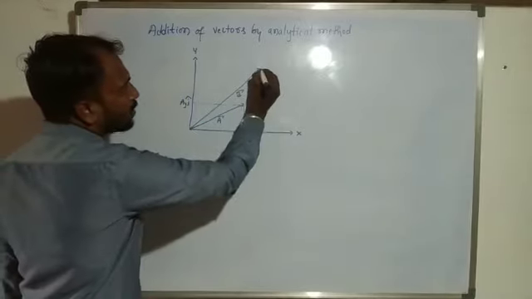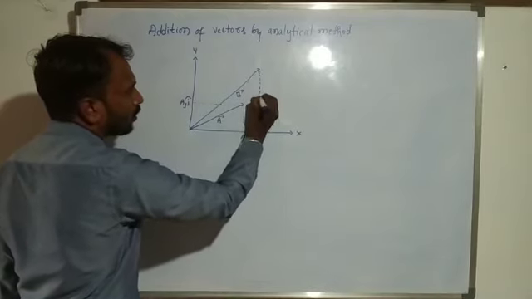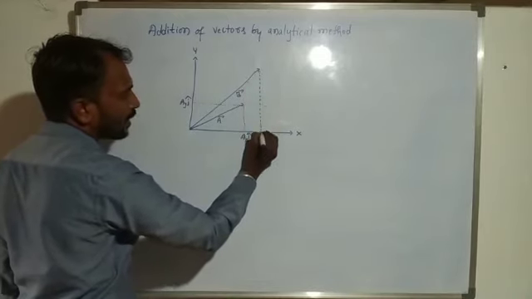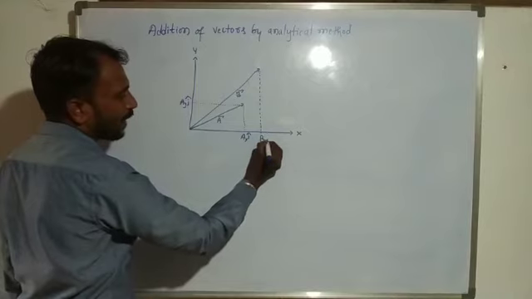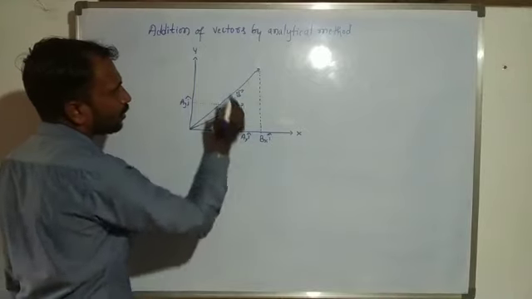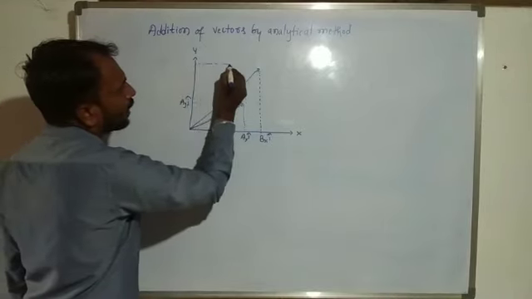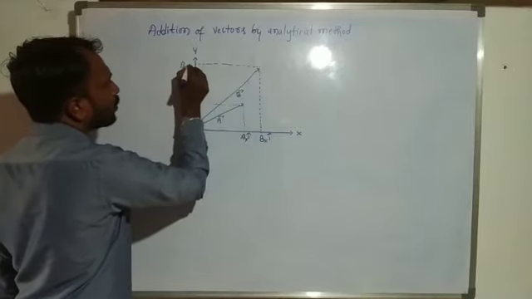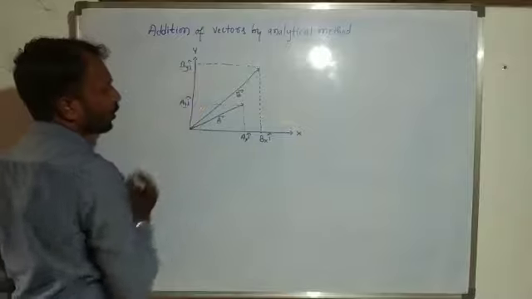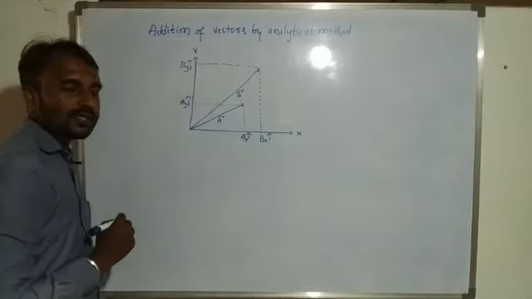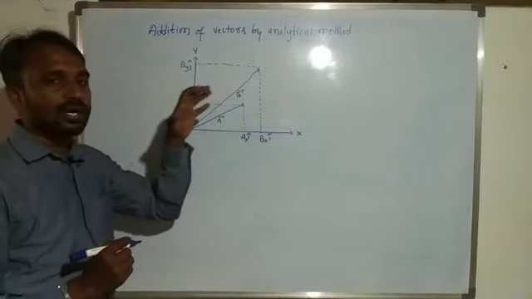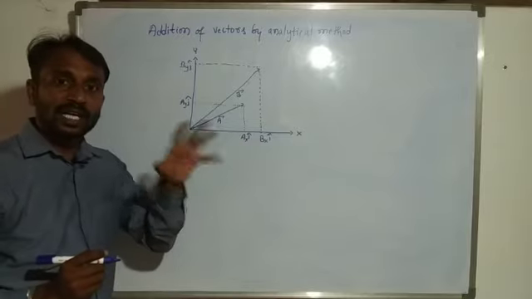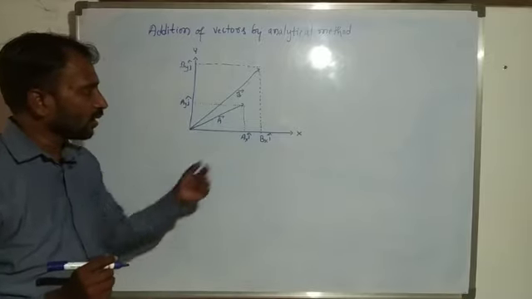Next, the components of vector B: Bx i cap along the x-axis and By j cap along the y-axis. We consider that two vectors A and B are present in the xy plane.